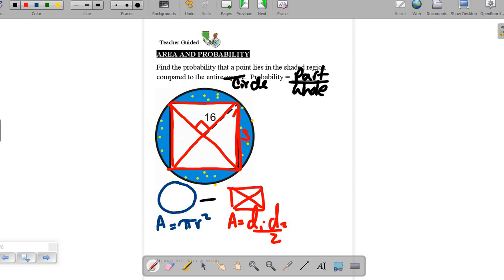Now, if we wanted to find it, if this whole length is 32, this would be 16 root 2, but we're not going to go there, okay? So our area of the square is going to be one diagonal, which is 32, times the other diagonal, which is 32 over 2.